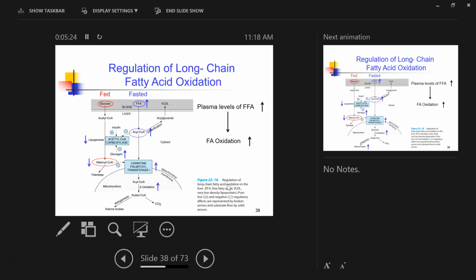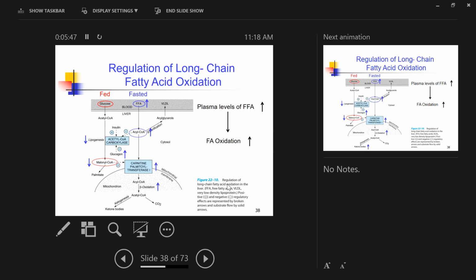But how does liver? Yes, by making ketone bodies. So fatty acids go to the liver during the fasting condition, and the liver oxidizes fatty acids through beta oxidation and generates acetyl-CoA.